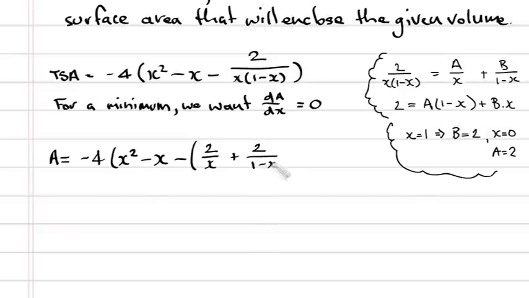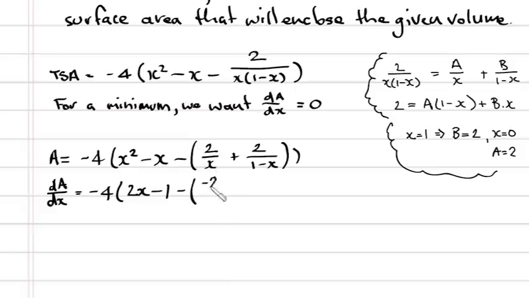Now we can differentiate. The derivative of A with respect to x is -4. Derivative of the x squared term is just 2x. The derivative of the negative x term is -1. Now carefully, for our derivatives of our last two terms we need to be very careful here with the negative signs as we do the differentiation.